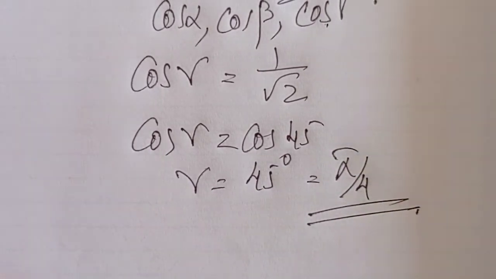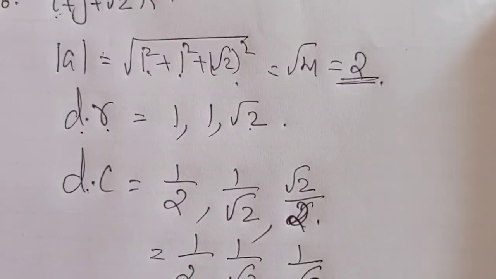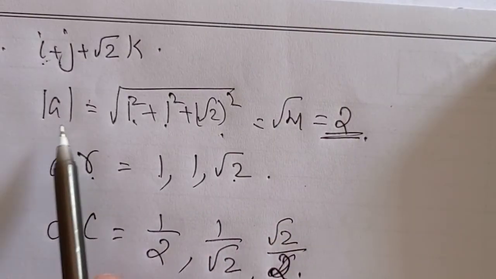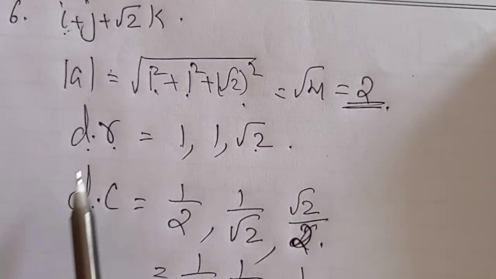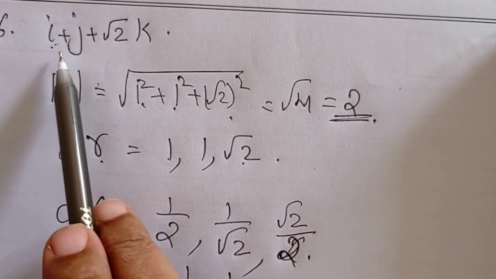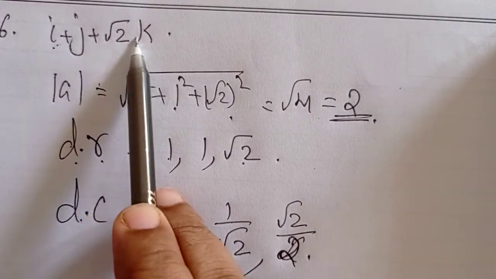Pi by 4. Once again, all of you look here. In this type of question, how can you find it? Modulus of a is there. Direction ratio means directly you copy 1, 1, root 2.